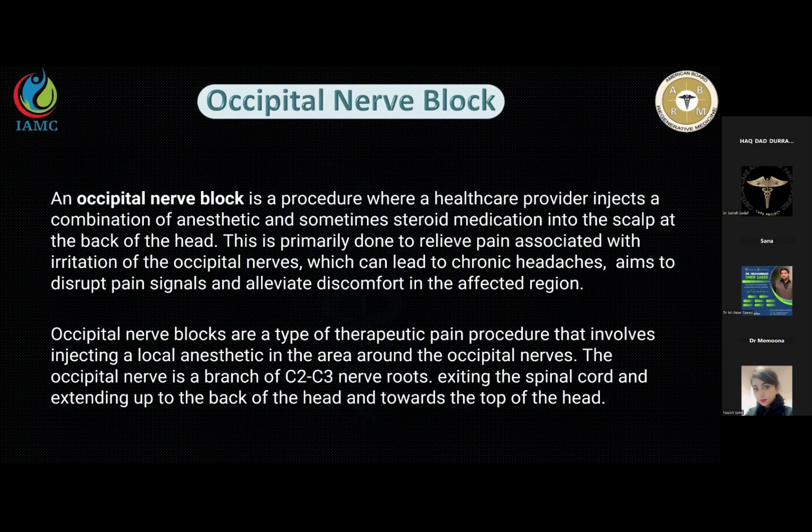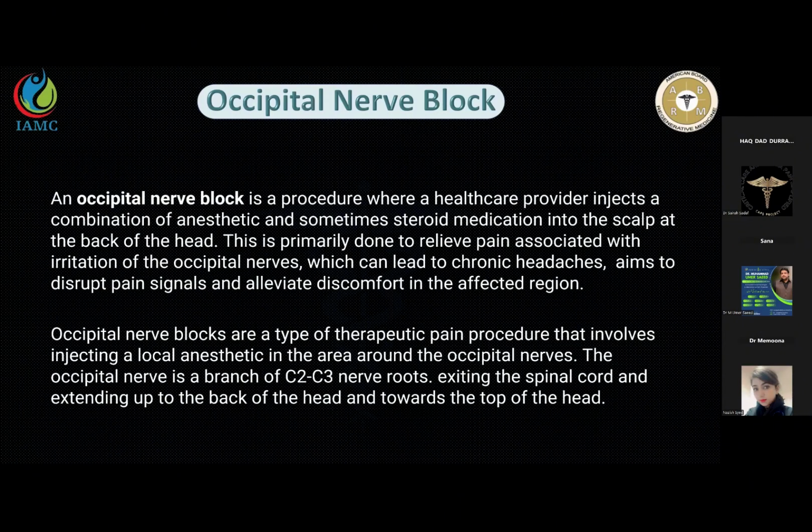This is primarily done to relieve pain associated with irritation of the occipital nerve, which can lead to chronic headache. It aims to disrupt pain signals and alleviate discomfort in the affected region. Occipital nerve blocks are a type of therapeutic pain procedure that includes injecting a local anesthetic in the area around the occipital nerve.